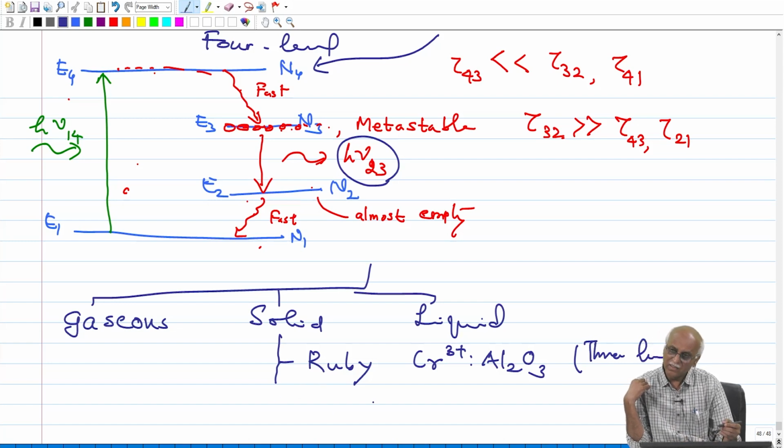Subsequently, many other such solid state media were discovered which possess either 3 level or 4 level energy systems and are useful for light amplification. Once they allow light amplification, they are useful in a laser system, because to achieve laser output we need light amplification, and for that we need a medium, and the medium allows light amplification through its energy levels.